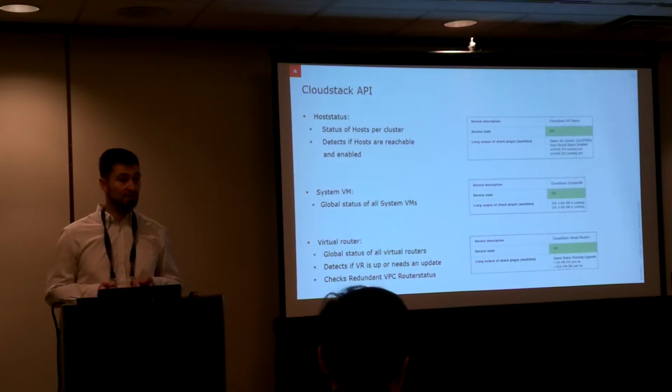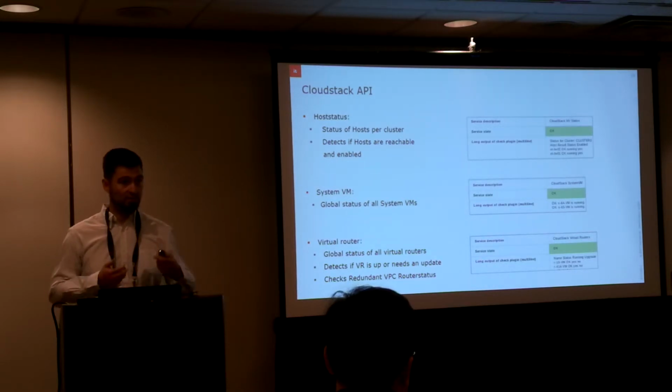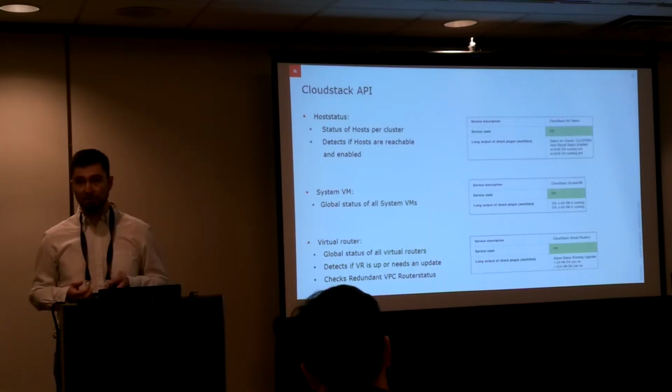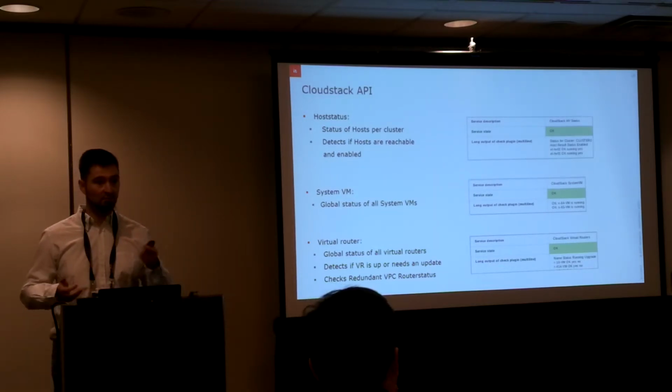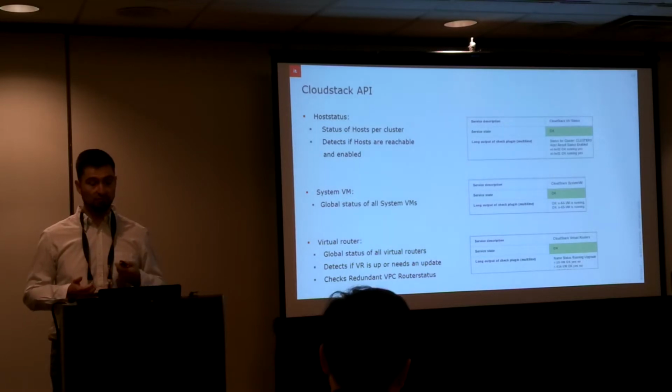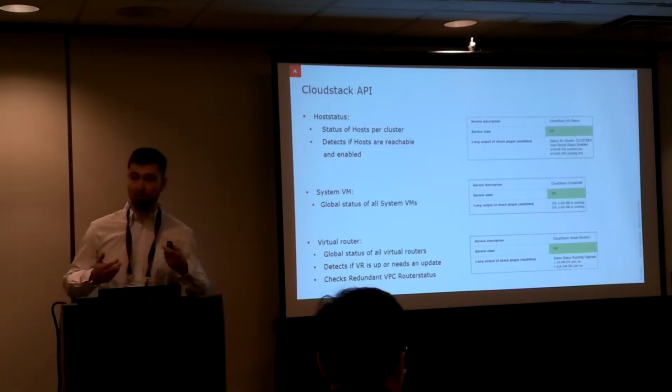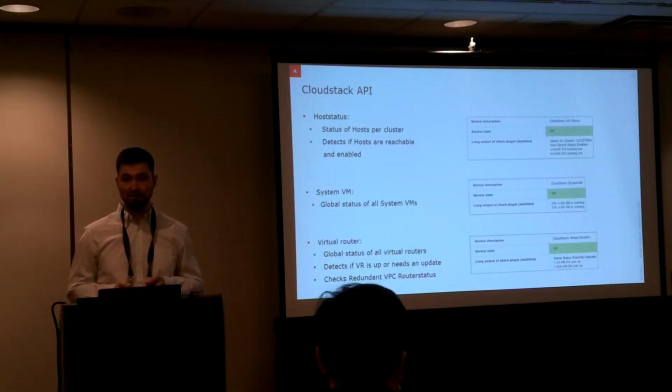The last one is the virtual router check, which gathers the list of virtual routers of your CloudStack installation and checks also if the routers are up and running and also if they need an upgrade after your CloudStack update, maybe from 4.11 to 4.12. And if you use redundant VPC setups, it also checks if there is an active and a backup node for your VPC setup. And it informs you, of course, when one of the nodes fails and gets in a critical state and sends you a mail.